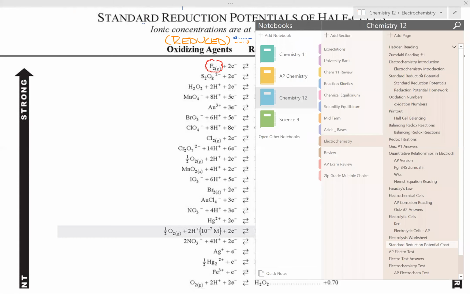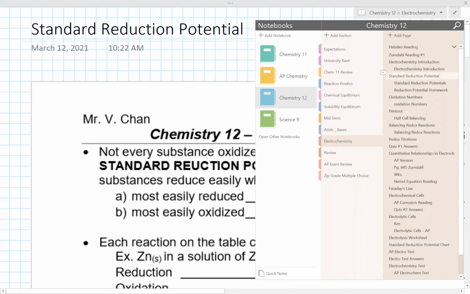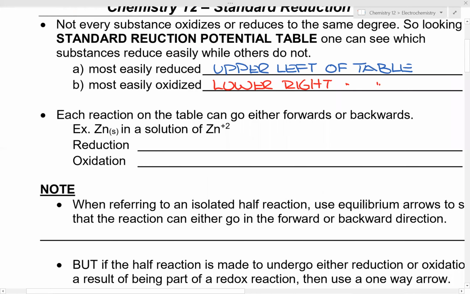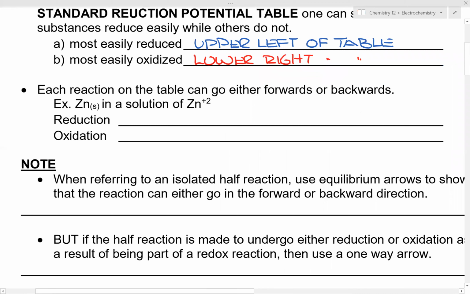Each reaction on the table can go either forwards or backwards. Let's say we have zinc solid in a solution of zinc 2 plus. For reduction, we have zinc 2 plus plus 2 electrons gives you zinc solid.